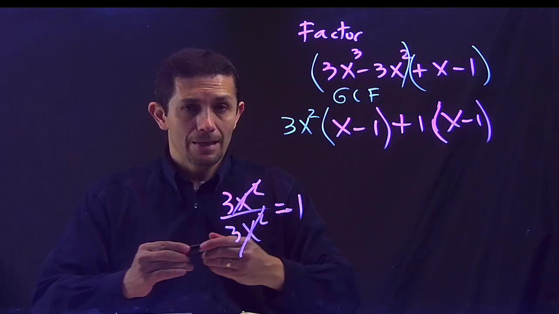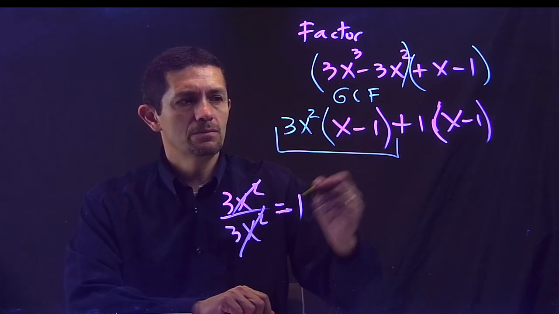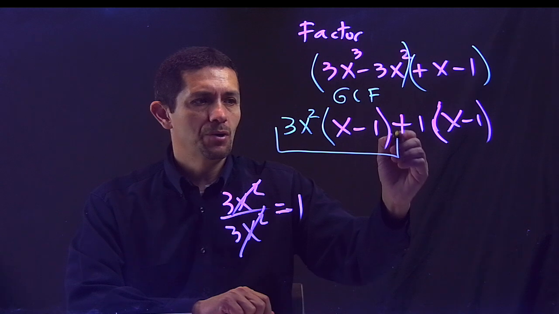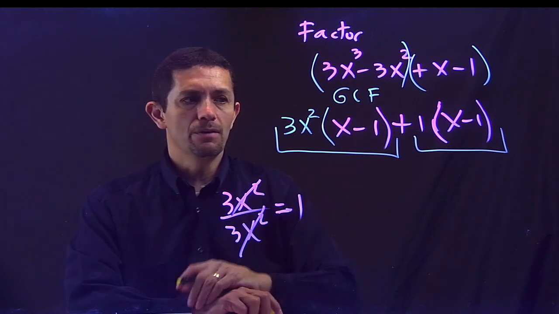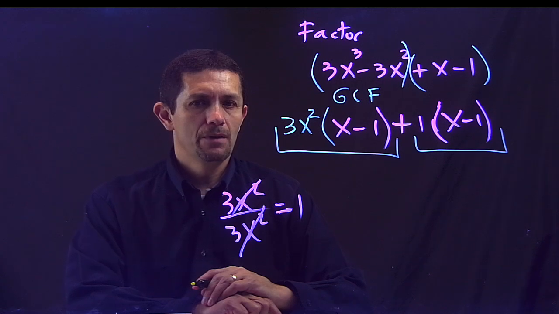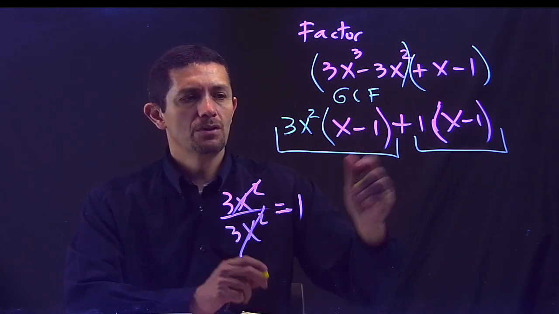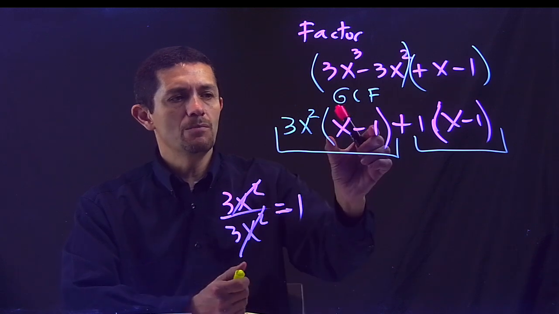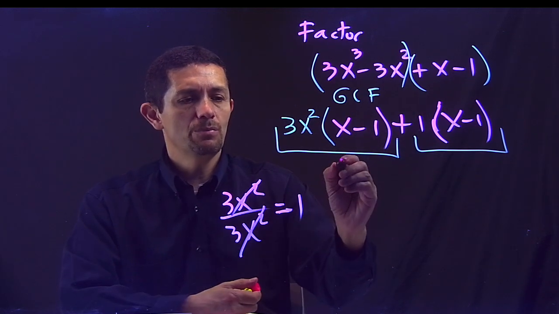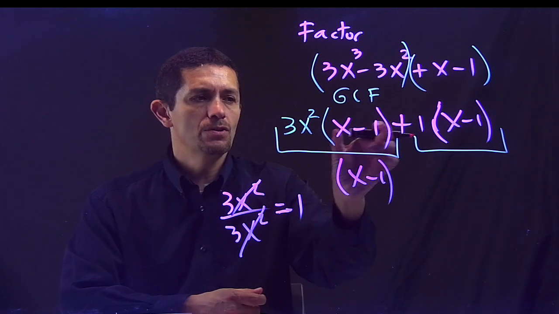Now technically, I have 1 term from here to here plus another term from here to here. So I have to do GCF as well between these 2 terms. What's in common between them? We see that we have the same parentheses on both. So that's my common factor, the first parenthesis.